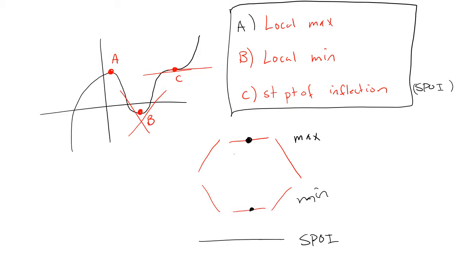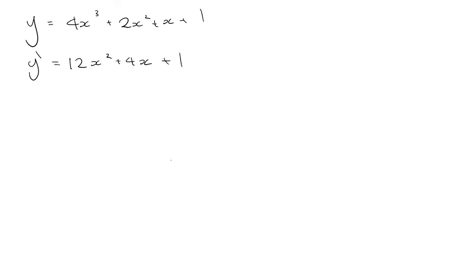Another way is to use the second derivative to find the nature of the stationary points. Now let's say we had the function y equals 4x cubed plus 2x squared plus x plus 1. We know that the derivative of y is equal to 12x squared plus 4x plus 1.